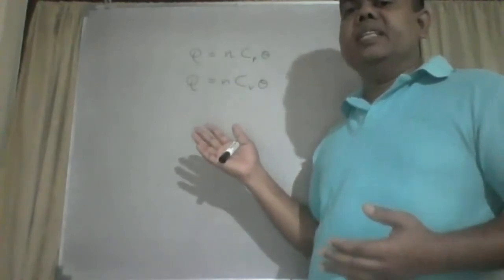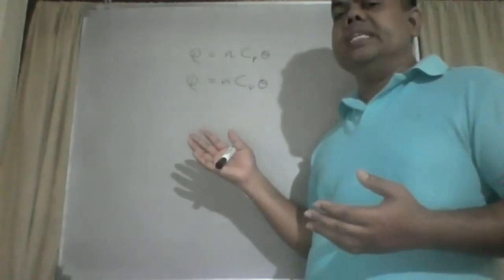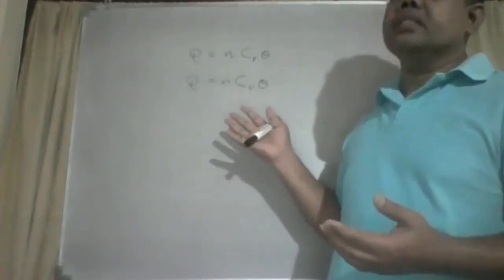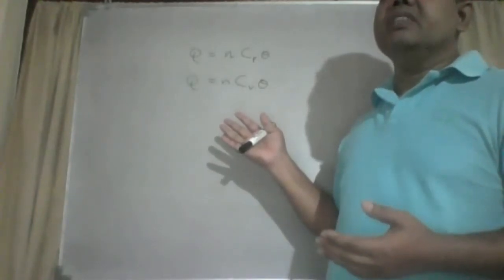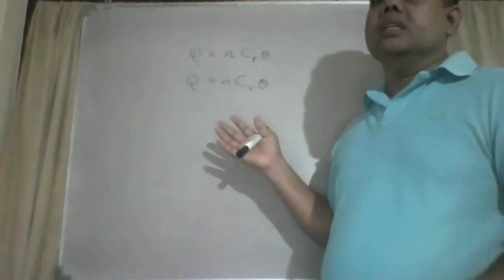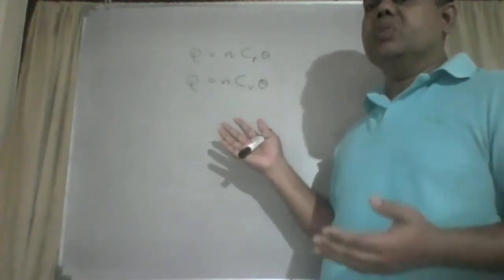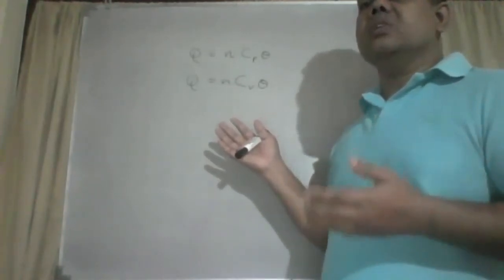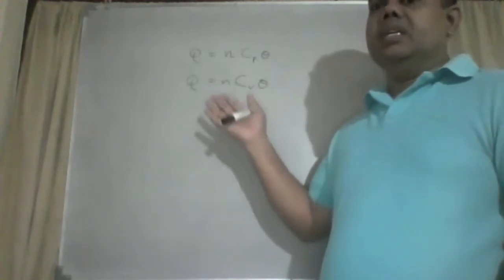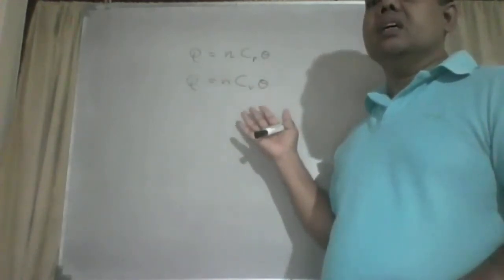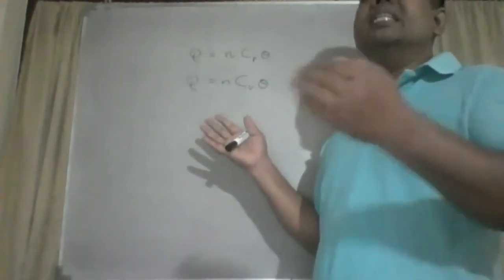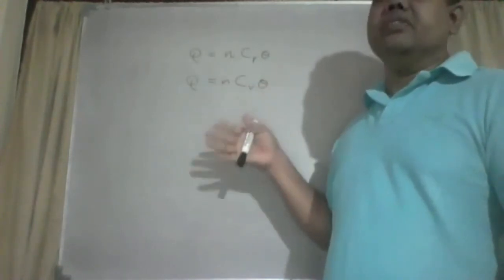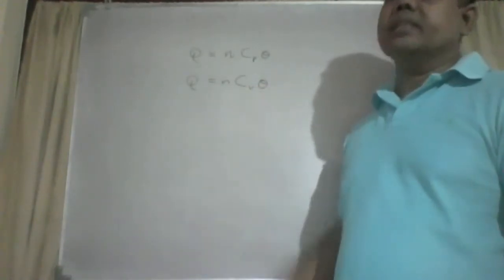On the other hand, if we add heat to the gas under constant volume conditions, then it can be written as Q equals n Cv theta. Here n is the number of moles. Cv is called the molar heat capacity of the gas under constant volume. Q and theta are the amount of heat energy added or deducted and the temperature difference respectively, as in previous cases.